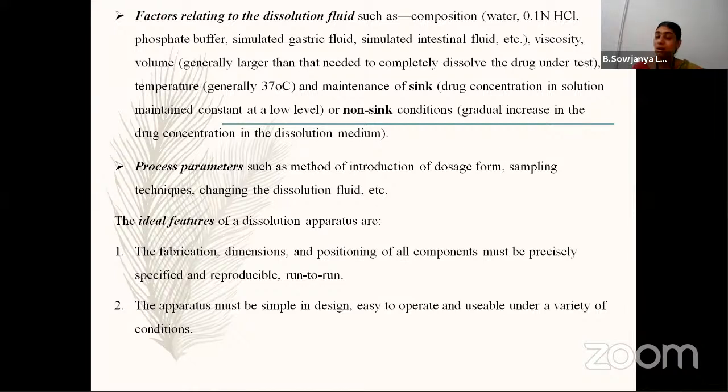And the ideal dissolution apparatus contains some important characteristics. The fabrication, dimensions, and position of all the components, like the basket or shaft, must be specified and reproducible from run to run, placed in an equal position during the operating conditions.